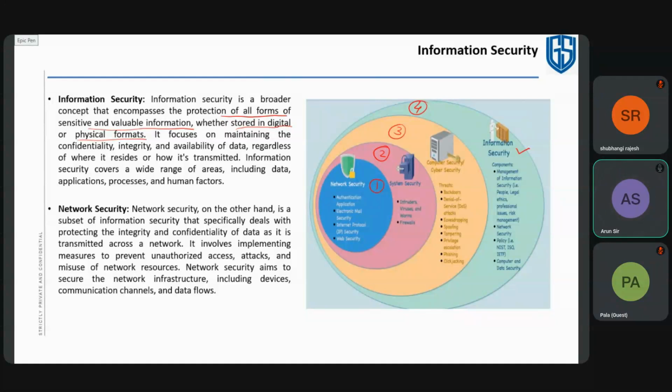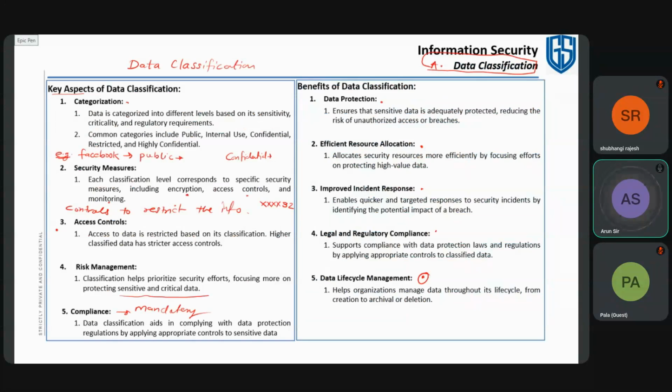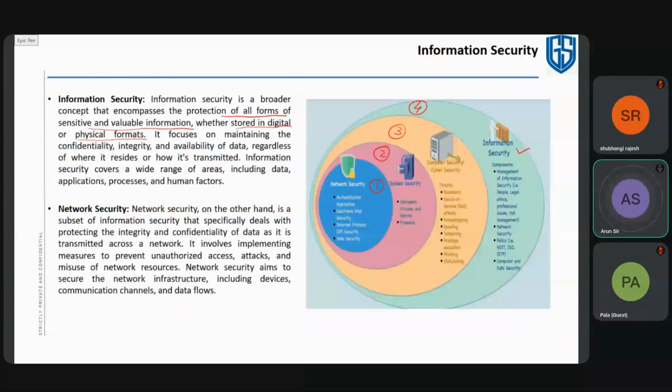Everywhere we have to talk about the sensitive and valuable information and how we can protect it. These are the things related to information security, and it is applicable to everything within the chain of cyber security. Similarly, there is one part that is network security, then there is system security and other things.